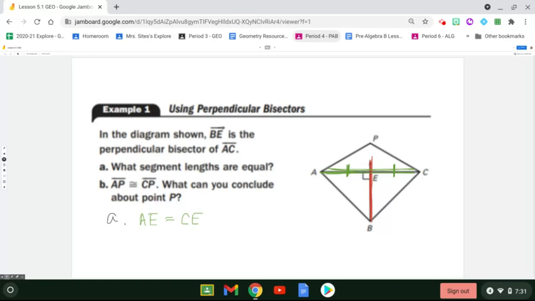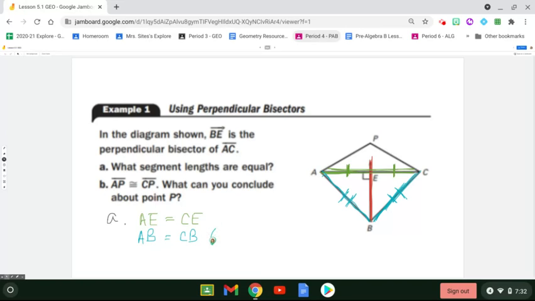But we also know by the perpendicular bisector theorem, which is our new one, that if we have a perpendicular bisector and we have these connecting lengths from the perpendicular bisector down, AB and CB, and we know that they fall on that perpendicular bisector, then we can also say that AB is equal to CB, because point B is a point that's on the perpendicular bisector.